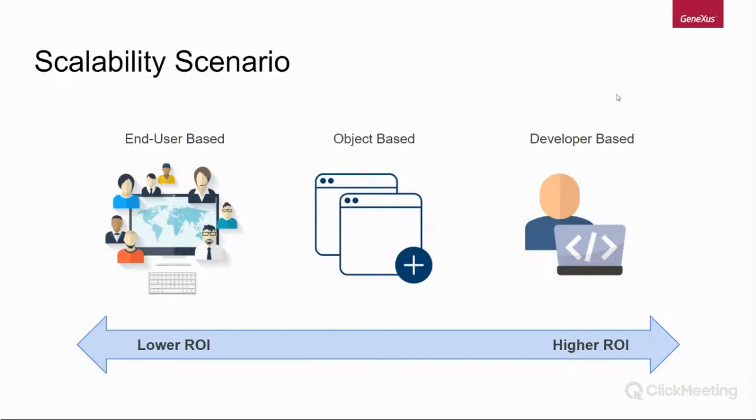And at the far right, we have the developer-based license scheme, which is classified as the scheme with the higher ROI, because it's the least aggressive for our initial investment. As in the example I mentioned before, we have a fixed number of developers who will be able to create software without constraints on the size of the software, nor on the number of end users that software may eventually have.